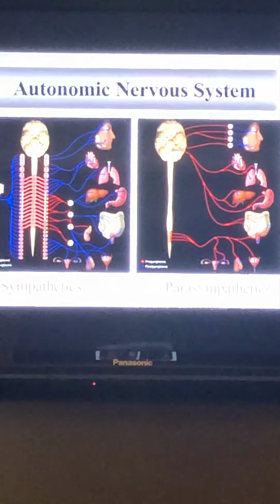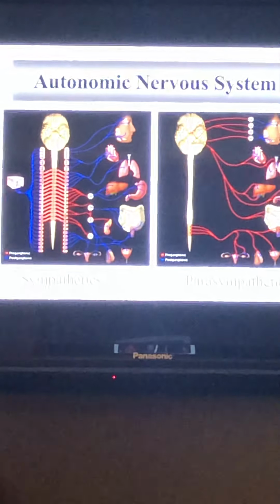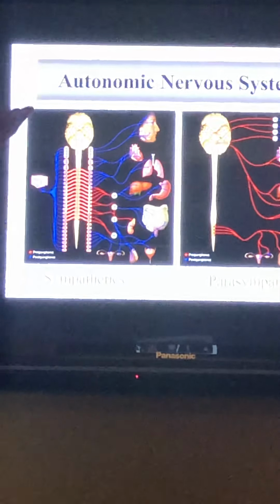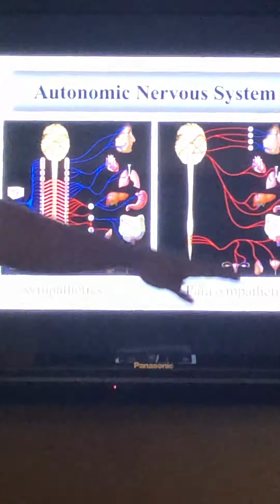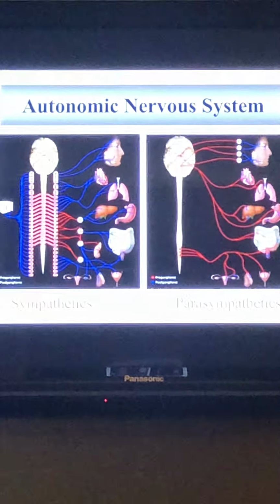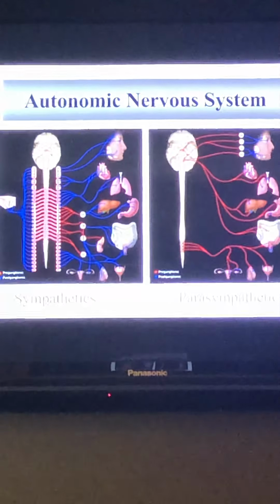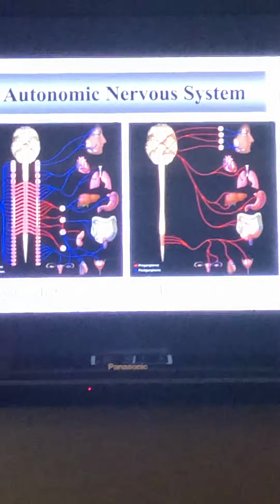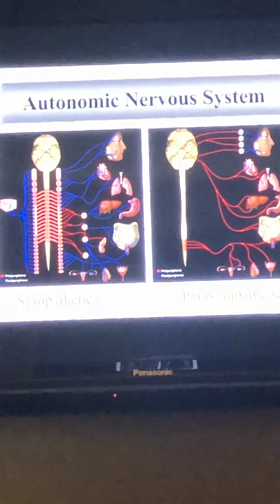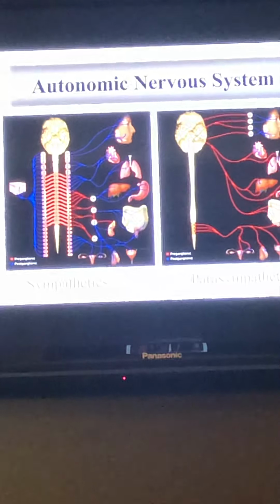The heart. Sympathetic, if I'm running from a lion, my heart rate's going to go up, my blood pressure's going to go up. Parasympathetic, it will go down. Do the opposite. What else? Digestion. Do I need to poop when I'm running from a lion? No, I do not. If I do, I'm going to get eaten.